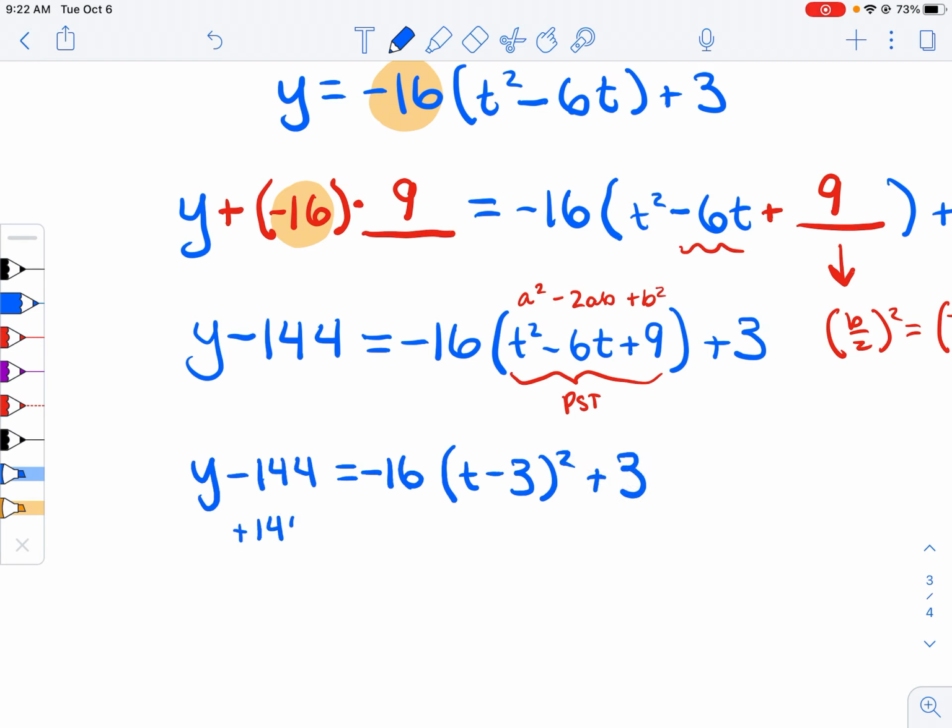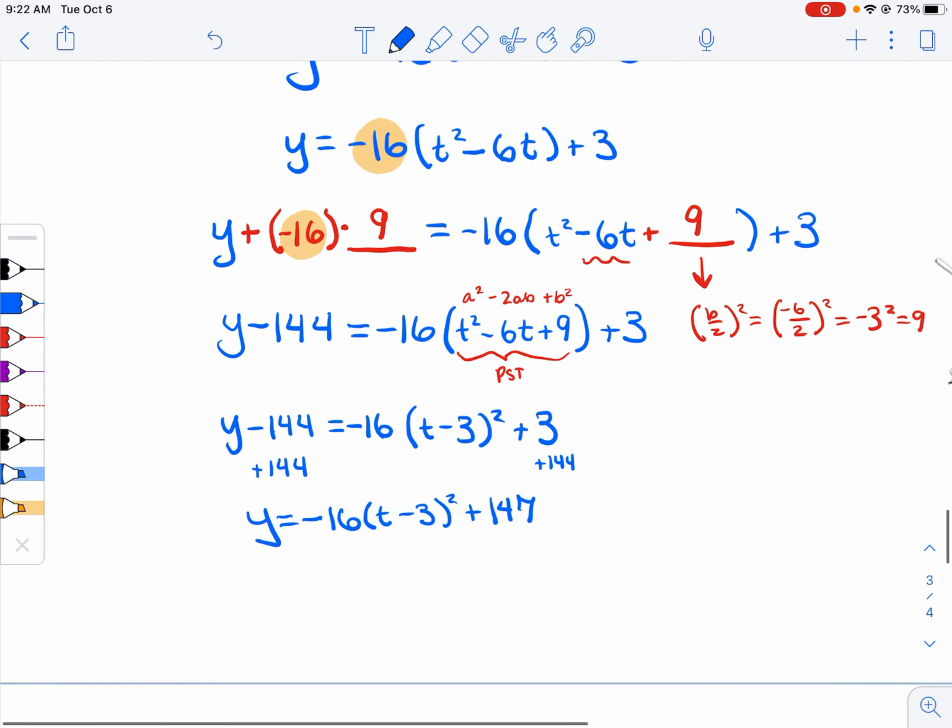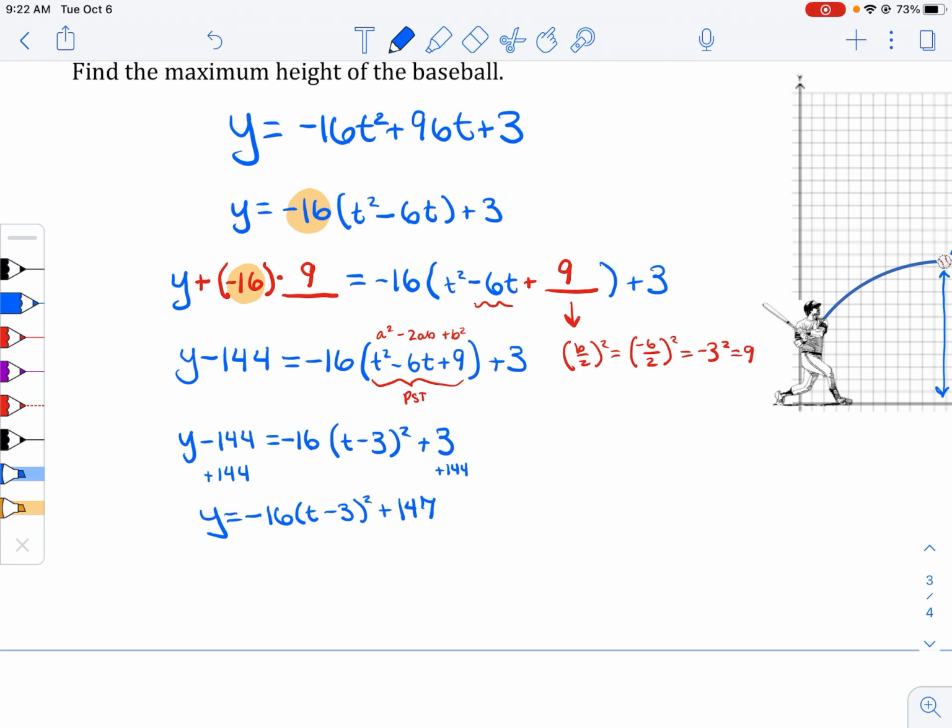Now I'm going to add that 144 back. So I have y equals negative 16 times t minus 3 squared plus 147. So this is now in vertex form, and specifically my vertex is at 3, 147.